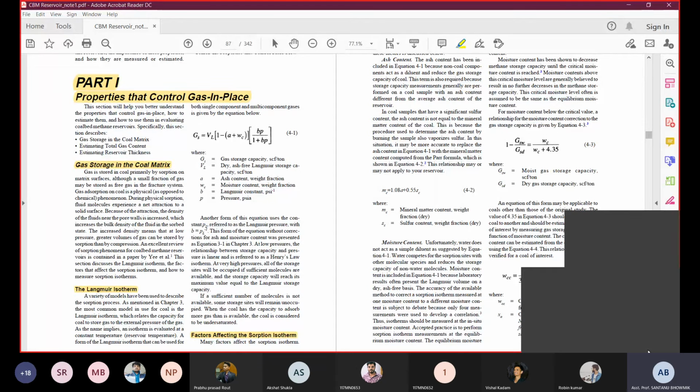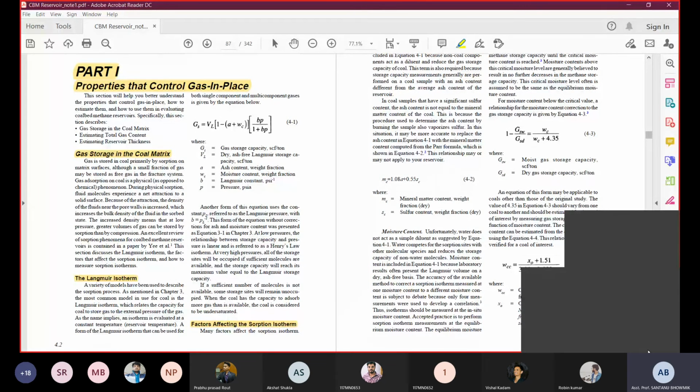If you have this isotherm data, most of the parameters will be easier to find out. If not, you have to do laboratory testing.